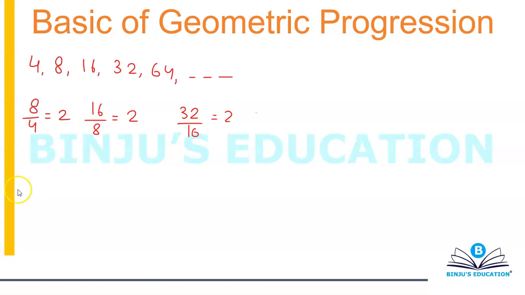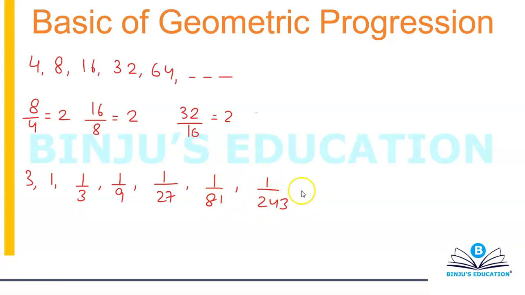You can take another example. Let's say you have 3, 1, 1 by 3, 1 by 9, 1 by 27, 1 by 81, 1 by 243 and so on. The common ratio is 1 by 3: 1 by 3 divided by 1 is 1 by 3, then 1 by 9 divided by 1 by 3 is also 1 by 3, and so on.